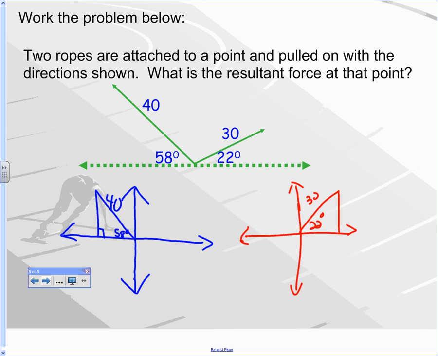Do you agree with their pictures? They should look basically the same, just put on a coordinate plane. What do you mean?